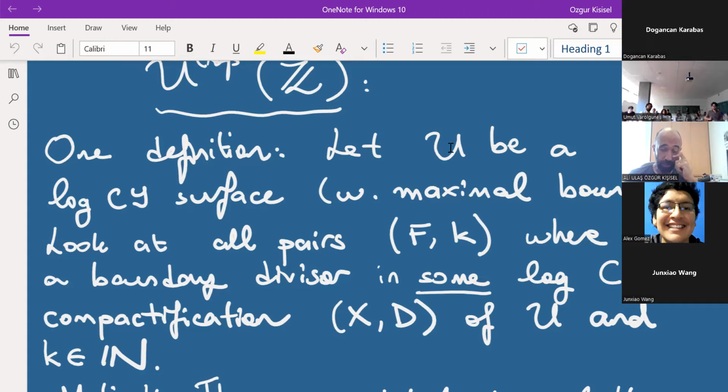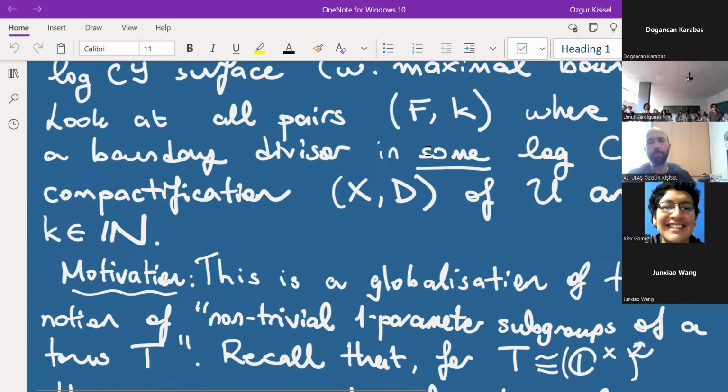Look at all pairs F, K, where F is a boundary divisor in some log CY compactification X T, so it's part of the boundary divisor, not necessarily the full thing, and K is a non-negative integer. We'll look at all such pairs.